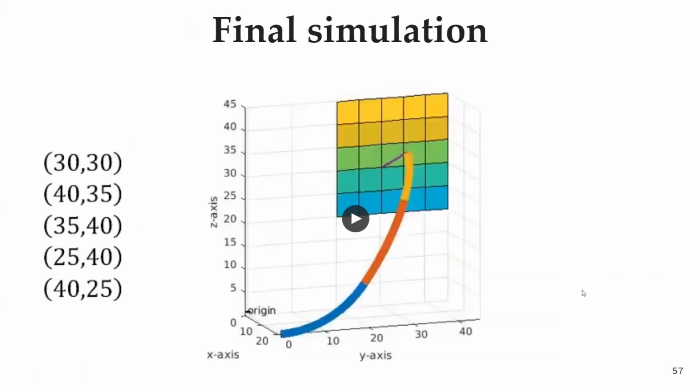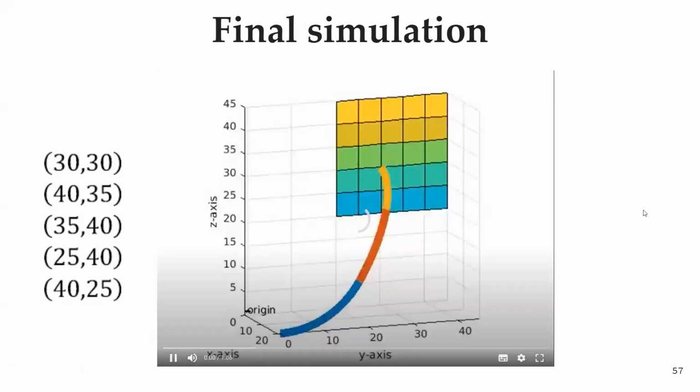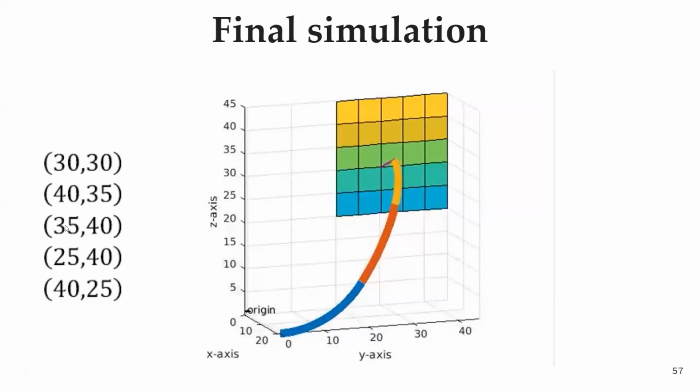And finally, I simulated with the inverse kinematics, and I'm selecting these random points. Let's see this video. So it moves from 30, 30 to 40, 35 to 35, 40 to 25, 40 and 40, 25. And here I'm interpolating the points x comma y, y comma z.